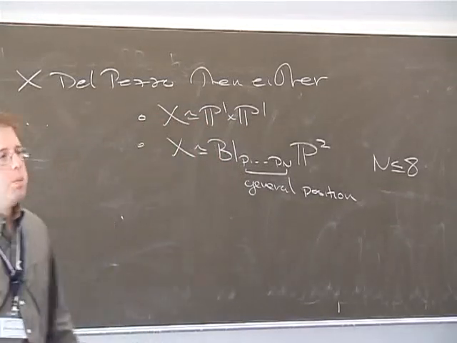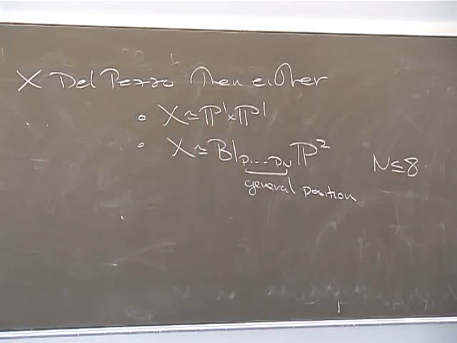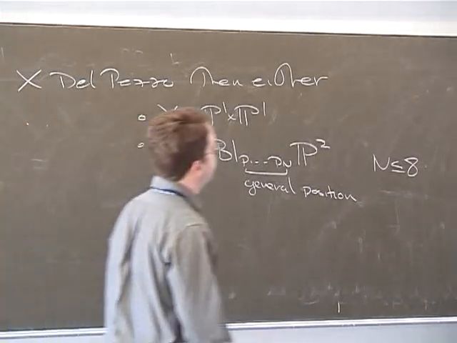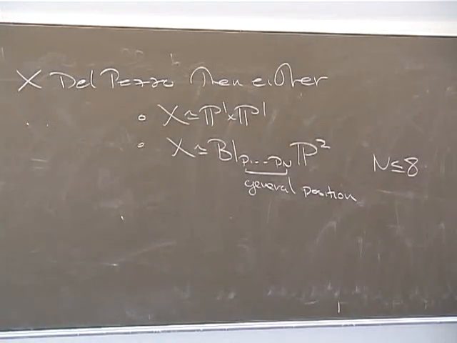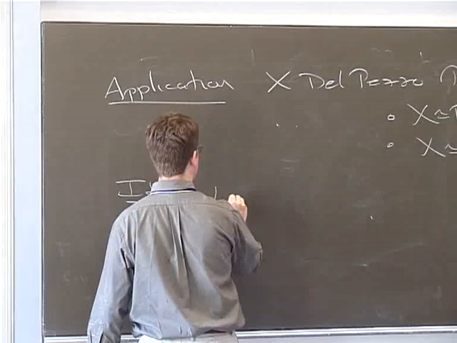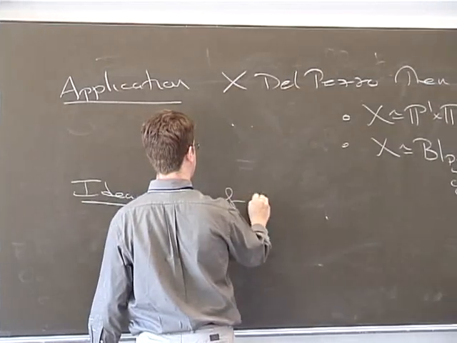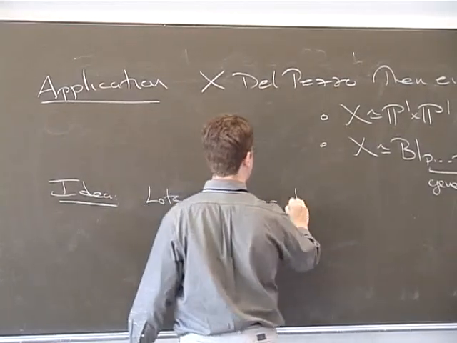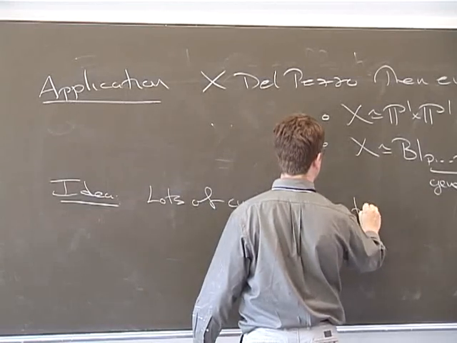Now, how do I interpret this in terms of the contraction theorem? Well, the one thing that you can see for a del Pezzo surface is that there are lots of curves to contract.